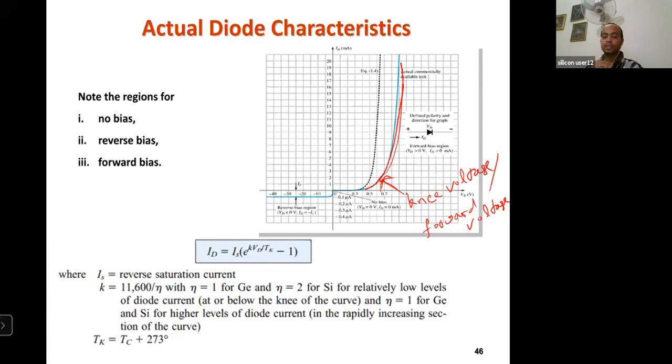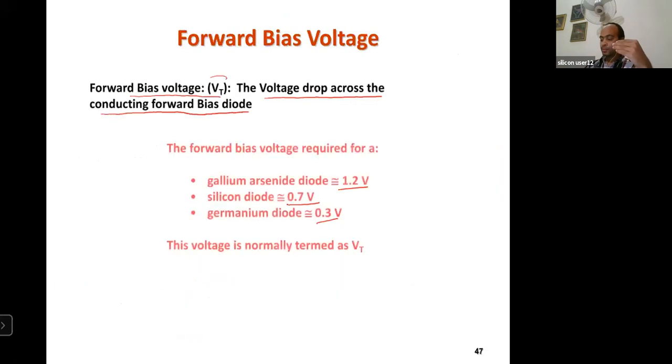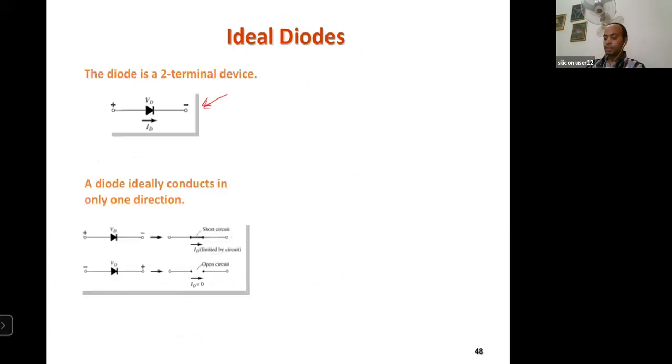When the diode is conducting, it still has some resistance to the flow of current. But in an ideal diode, we assume that when it is conducting, it acts like a short circuit. Short circuit means its resistance is 0. So for an ideal case, we assume that if it is conducting, it is short circuited.